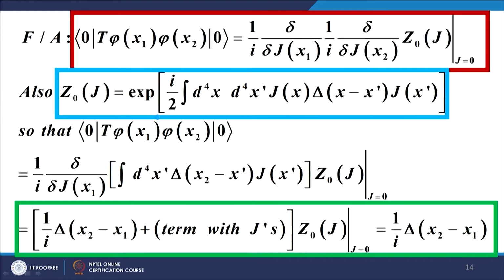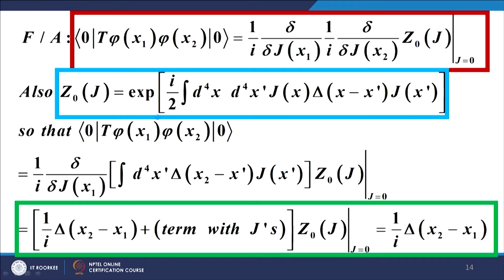When we insert the value of Z0 as the expression given in the blue box, and then take functional derivatives, if I take the first functional derivative, I get the expression given in the equation just above the green box here. And please note, if I put j equal to 0 in this expression, I return a 0. That is one point that we need to keep track of.